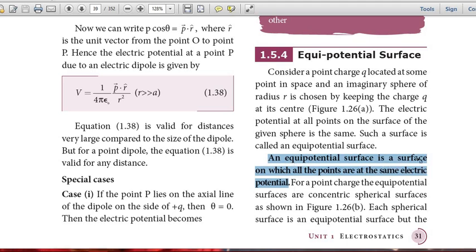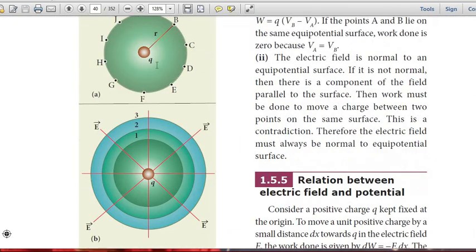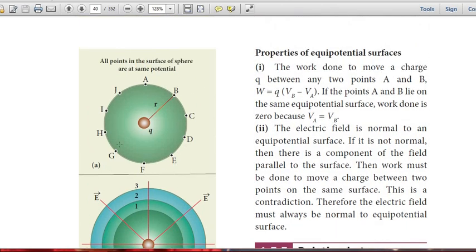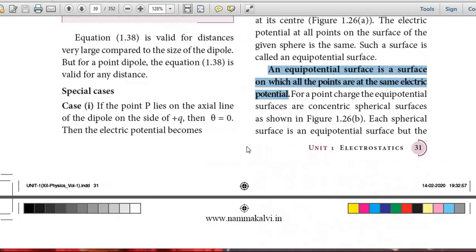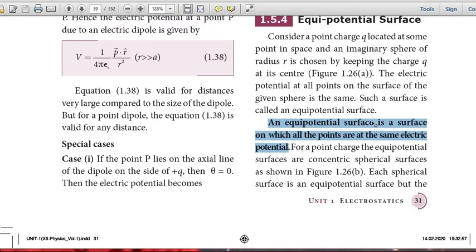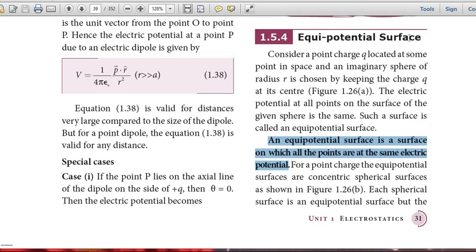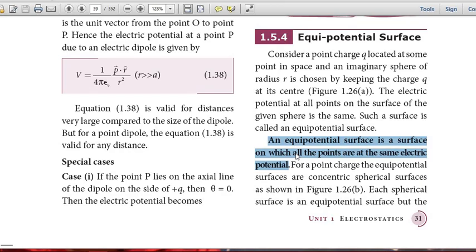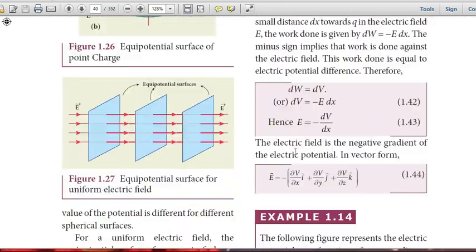In this diagram you can see that all the points are at the same distance, so the potential of all the points on this surface is the same. That is why it is called an equipotential surface. So an equipotential surface is a surface on which all the points are at the same electric potential.